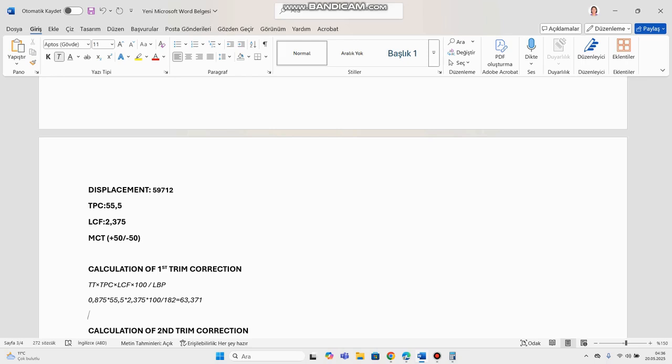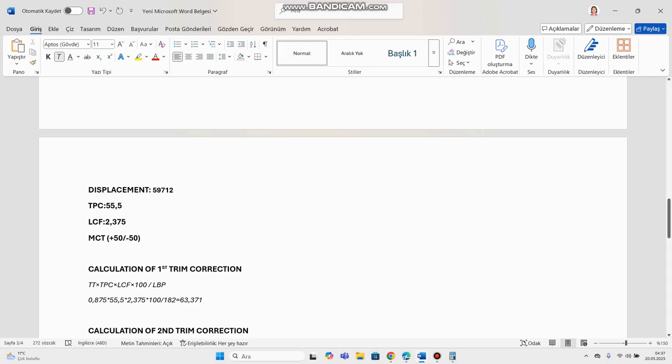I repeat again. If trim and LCF location of the vessel are the same compared to midship of the vessel, first trim correction is positive.